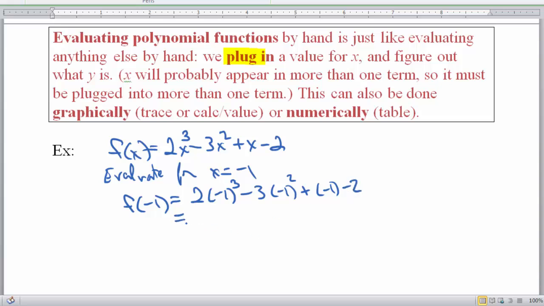And this one could be a little tricky with signs here, right? Because when you cube -1, you get a -1. So this is really 2 times -1. When you square -1, you get a +1. So this is really -3 times 1. Plus a -1 is really -1, and then -2. So this is really -2, -3, -1, -2.